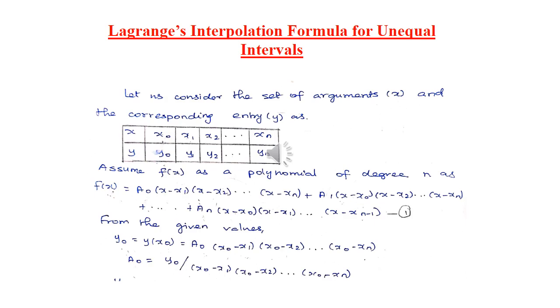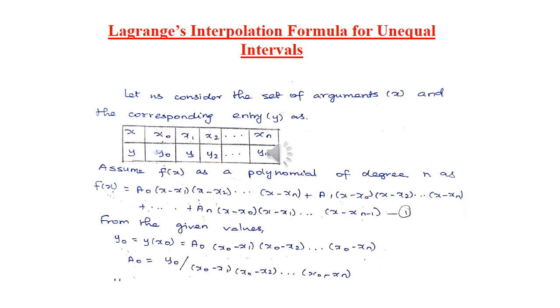In order to find this, we are going to substitute each value x0, x1, x2, xn in equation 1. So first we are going to substitute x0 in equation 1. We get y of x0, that is y0, equal to a0 into x0 minus x1, x0 minus x2 up to x0 minus xn.